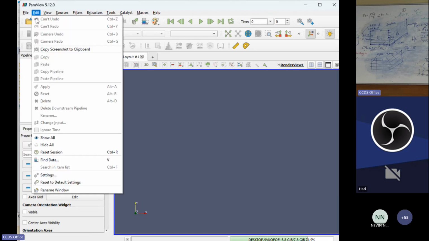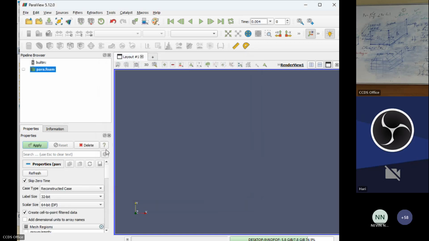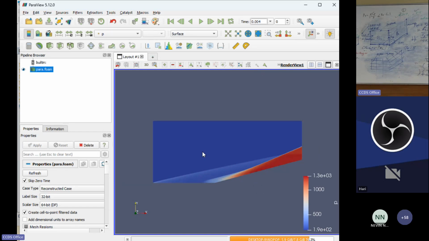And I'll open this data in Paraview again like before. So this is the converged solution that we have, right?